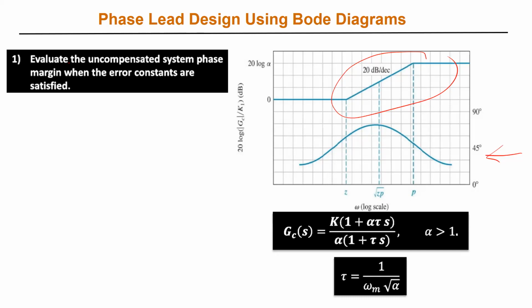Suppose the phase margin of the system is 20, and I need a phase margin of 50, then how much should the compensator give me?